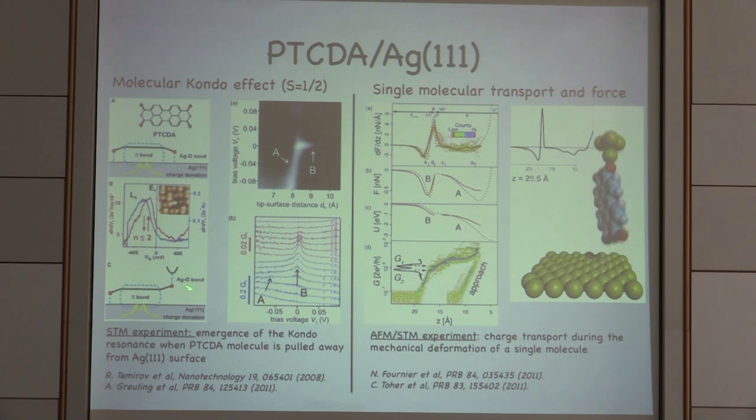But the important thing is when we start to withdraw the molecule from the surface, so we gate the molecule by this oxygen which is on the periphery. Now you start to modulate the occupancy of the LUMO at a certain position.